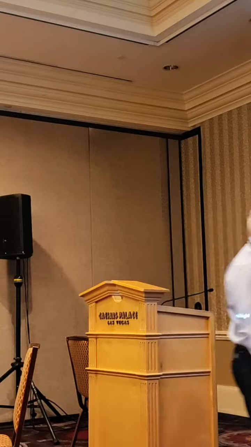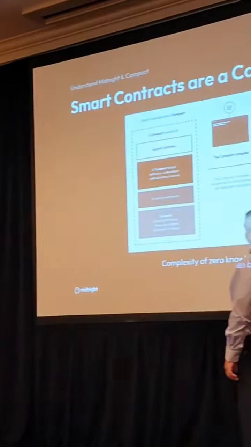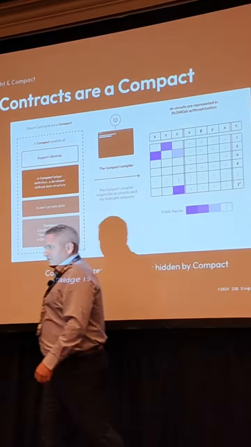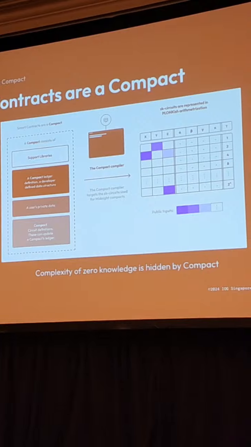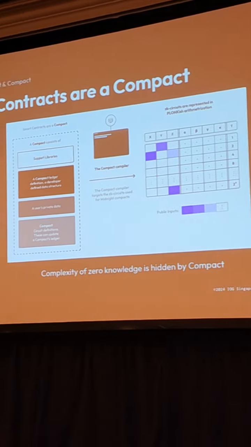And then what those opcodes do is they run the circuits, and the circuits are just an arithmetization of a bunch of polynomials, which is the nitty-gritty of what ZK is. The nice part about this is you don't need to know anything about this side at all. You really don't even need to know anything from here to the right. All you need to know is how to write those compact contracts, and we'll take care of the rest of it for you.